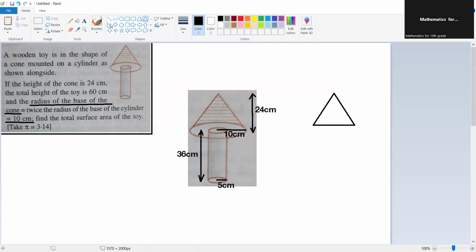Now let's draw the cylinder at the bottom. Sorry, it's not the cylinder.